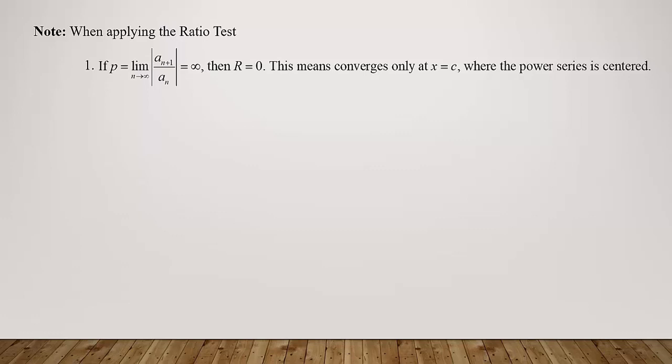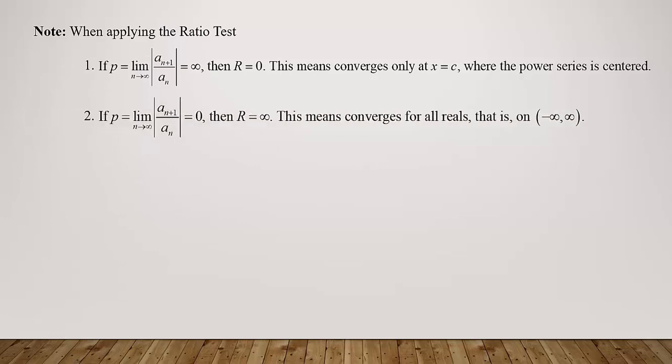It converges only at x equals c, where the power series is centered. If when doing the ratio test you get P to equal 0, so the limit is 0, that tells you the radius of convergence is infinity. Well, if the radius of convergence is infinity, that means your power series converges for all reals. That means its domain is negative infinity to infinity.